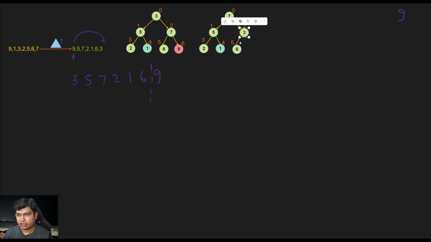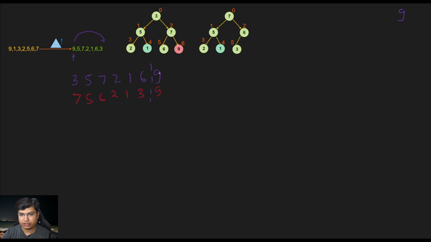We check again, out of 6 and 3, 6 is the larger element, 3 comes here and 6 goes up. Now we don't have any more elements to go down. This was a leaf node, so it is a max heap in itself, and that is where we stop. Now my array is looking like 7, 5, 6, 2, 1 and 3.